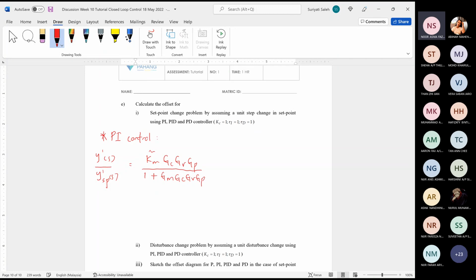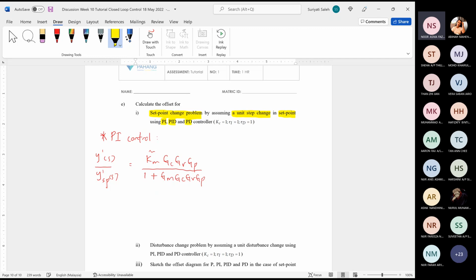This is the set point change problem. You need to take a look at this statement, set point change problem. And then they also give you a unit step change in set point using PI, PID, PD.